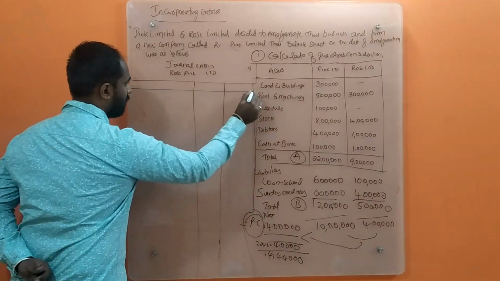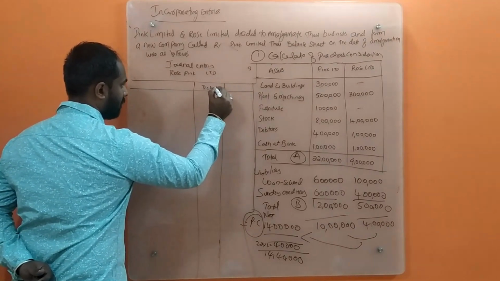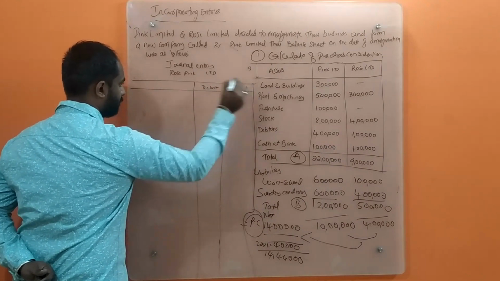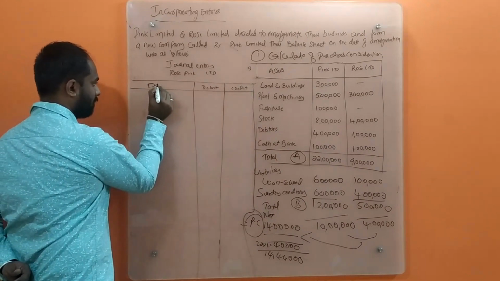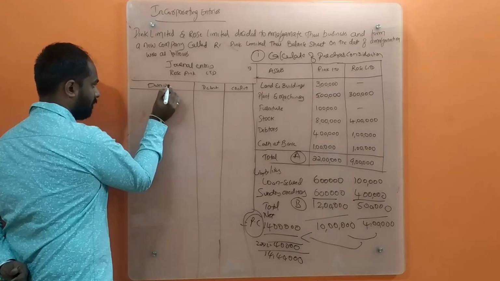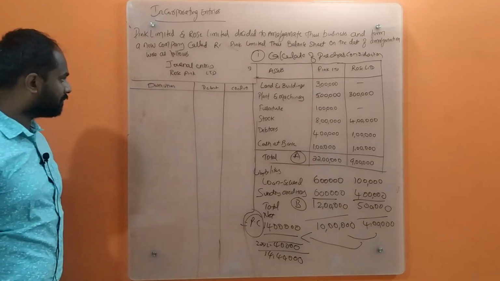Okay, this is your debit, this is your credit, this is your description. Okay, one by one we'll go.